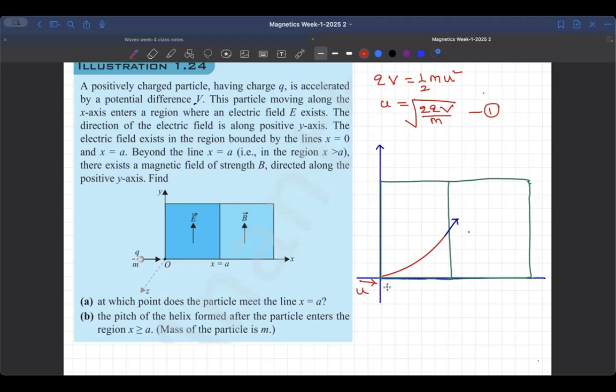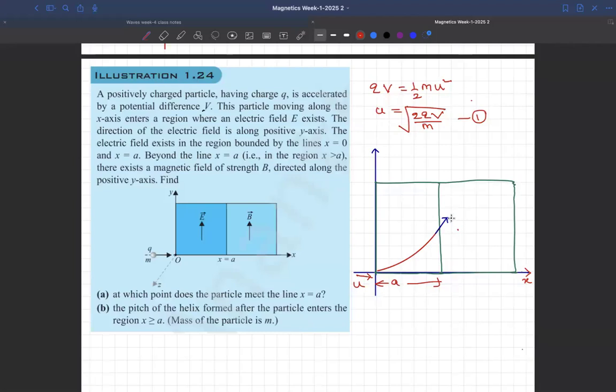You said it is at a distance A. So see, the component along x-axis remains the same because the electric field is in the y direction. So what I can say confidently is the time taken is T equal to A by u simply.